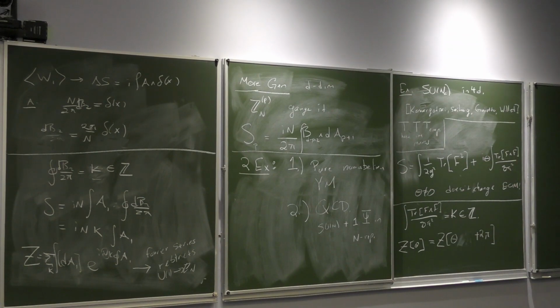Okay, good. Cool. So Jose might say otherwise, but I would claim that this is not actually a symmetry of your theory, so that's fine, who cares? But a nice symmetry of a lot of quantum field theory is time reversal. And this acts by sending trace f wedge f to minus itself.